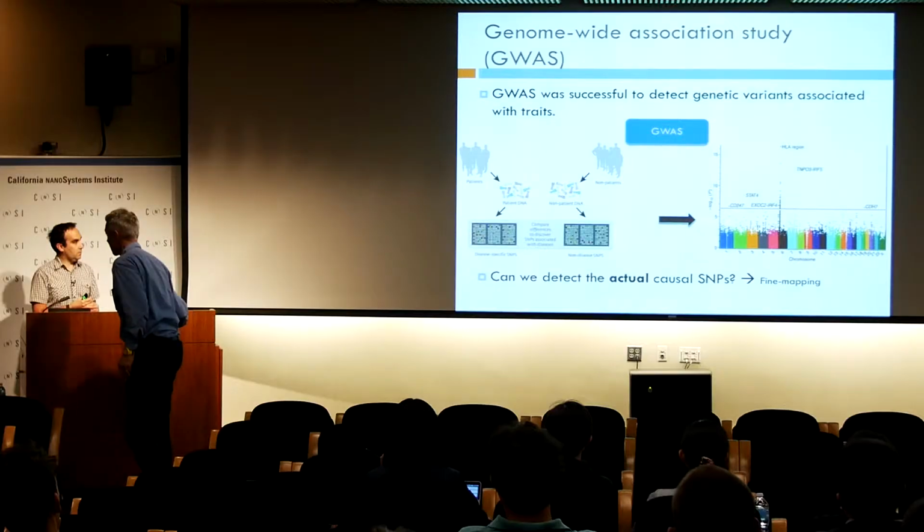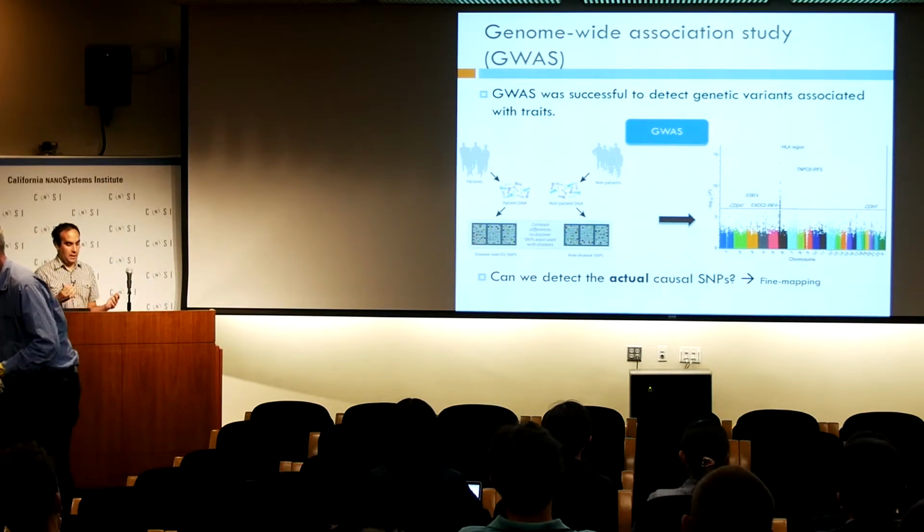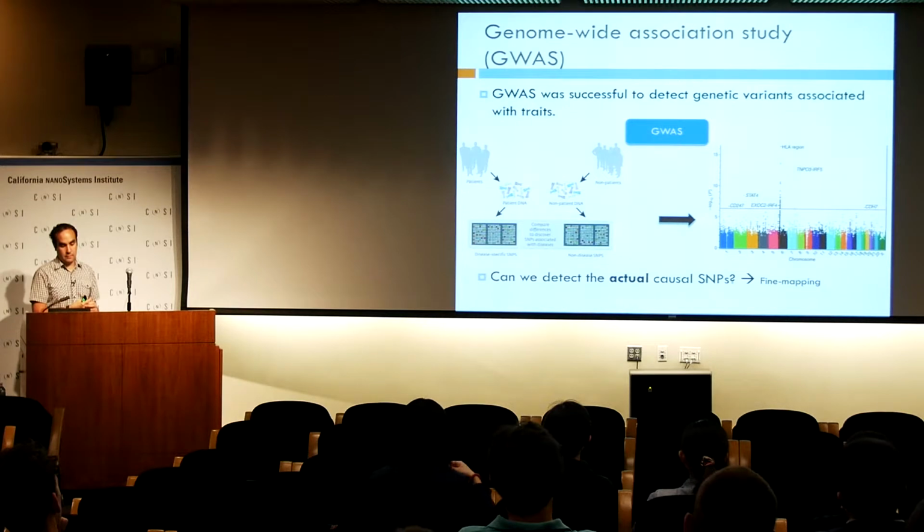So here's a summary of GWAS. Genome-wide association studies is a technique where genetic information is collected from cases and controls, individuals that have a disease and individuals that don't, and we compare the frequencies of variants between those two groups.